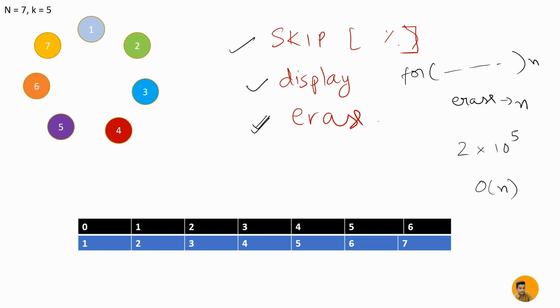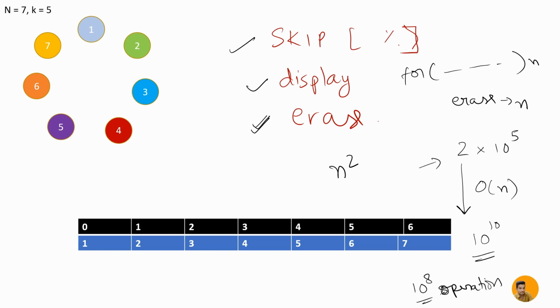So totally they will make things n square, and clearly you won't be doing n square here, because that will lead to 10 to the power 10, and in 1 second you can do at most 10 to the power 8 operations.